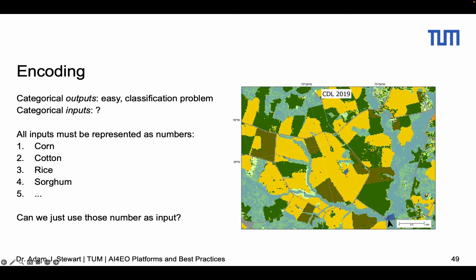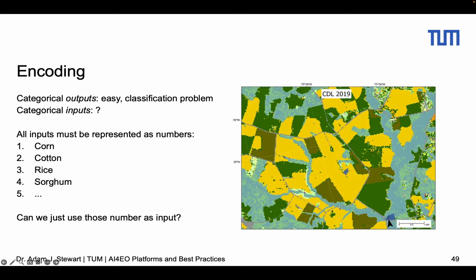Well, I could just use ordinal numbers. So corn is 1, cotton is 2, rice is 3. But this isn't really how machine learning works. If I just directly input these, the model is going to do matrix multiplication. It's going to do addition, subtraction, all these other processes.